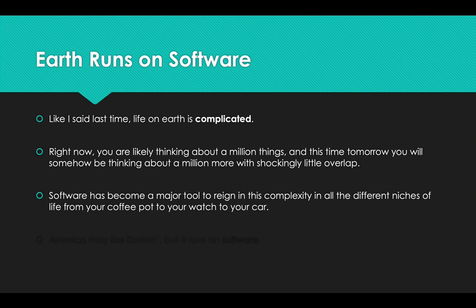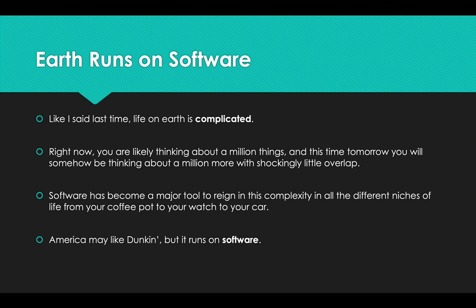Software has become the major tool with which we rein in all of this complexity. So if you think about how you make your coffee, how you set your alarm to wake you up, whatever thing you're trying to do, most of the consumer electronics that you use have some software in them that attempts to make you require less information to do a trivial task.